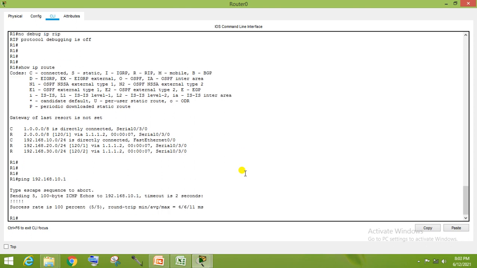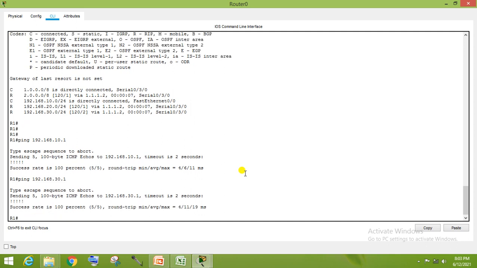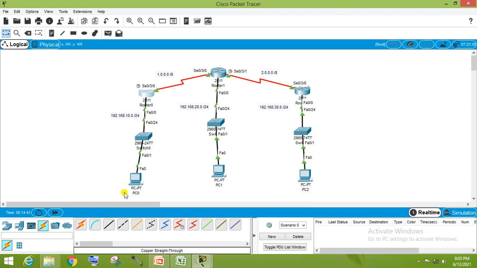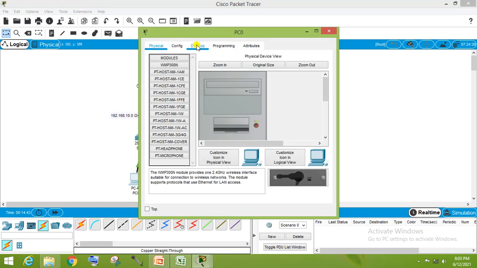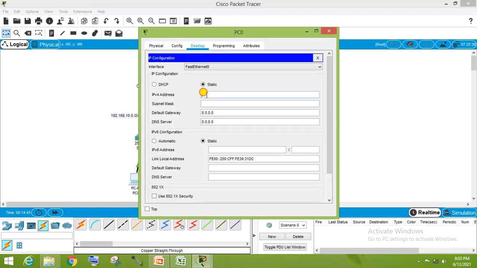192.168.10.1 is the network. Now we have to check whether it is going to 30.1 or not. Yes, it's valid. Now we have to configure the IP address on this PC: 192.168.10.1.